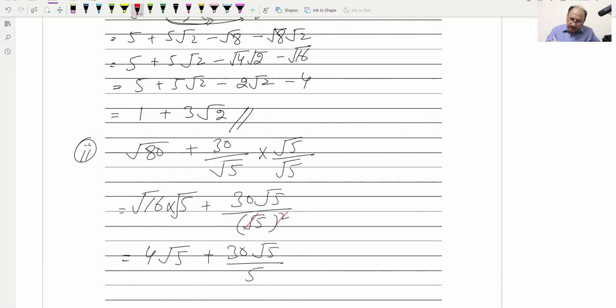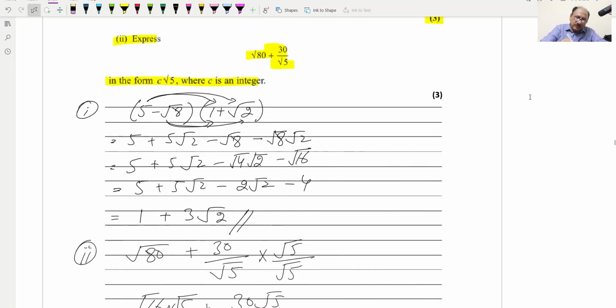Now we can cancel this 5 with this 30 and we will get 6 over here. The next step will be 4 under root 5 plus 6 under root 5, so this will be equal to 10 under root 5.